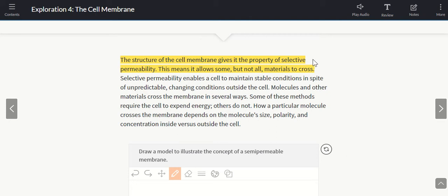That's where the idea of selective permeability comes from: some molecules can pass through, others can't. One way to think about this is like a door guard or a bouncer at a club or a bar, somebody who checks who's coming in and out, making sure they're old enough or have the right credentials if there's some sort of exclusive list. That's what the cell membrane does. It controls what comes in and out of the cell, and we say that that is semi-permeability.